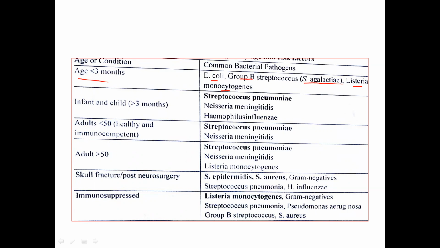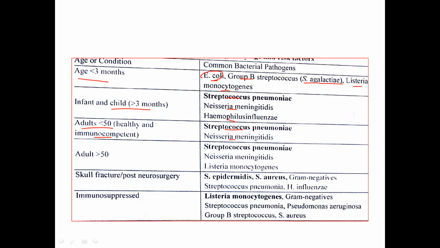Infant and child: strep pneumonia, Neisseria meningitis, and Haemophilus influenza. For adults less than 50 years, healthy and immunocompetent, the most common causes of bacterial meningitis are Streptococcus pneumonia and Neisseria meningitis. You will eliminate E. coli from this.